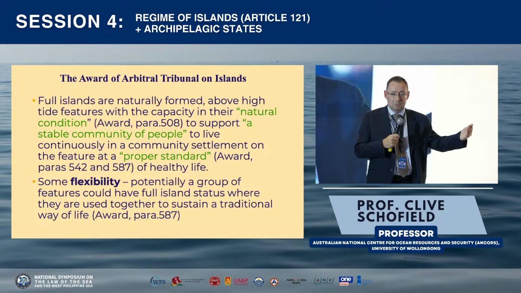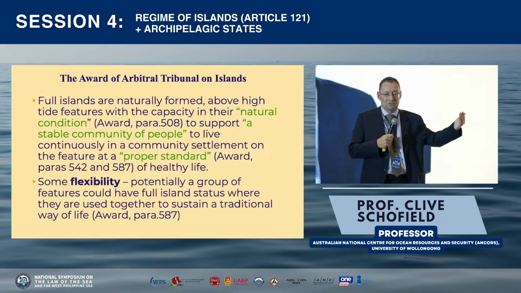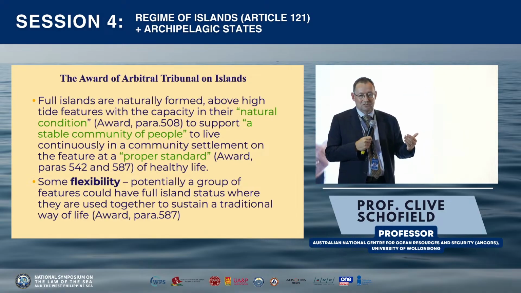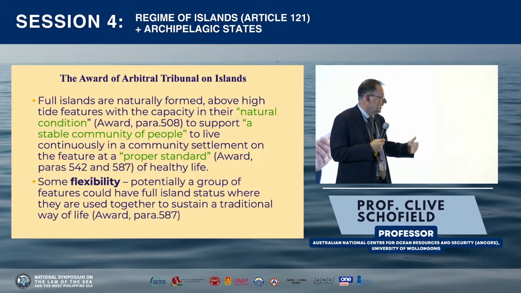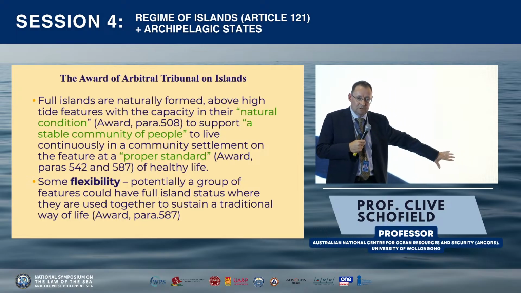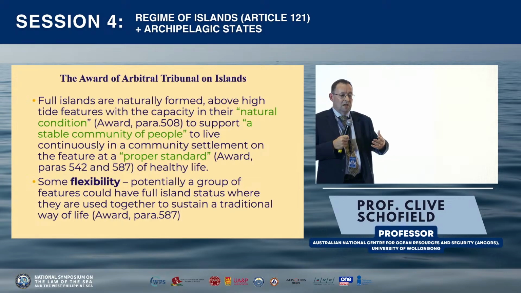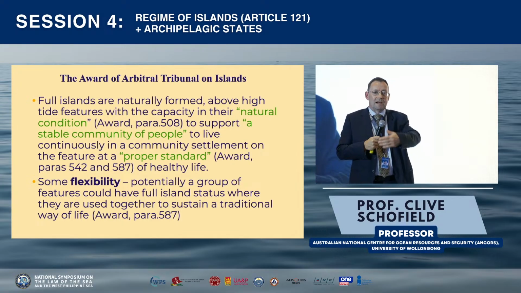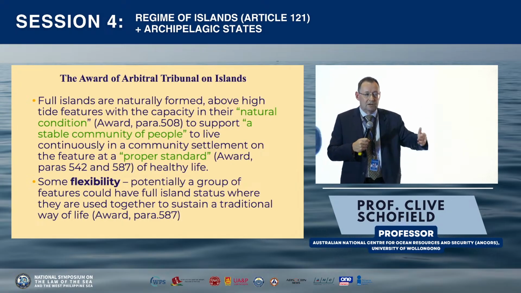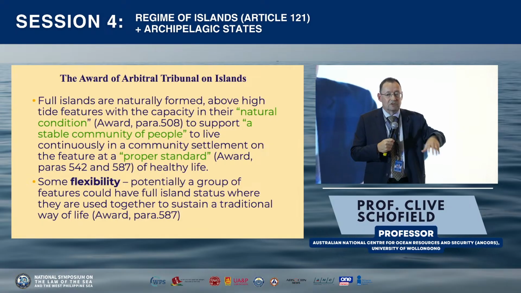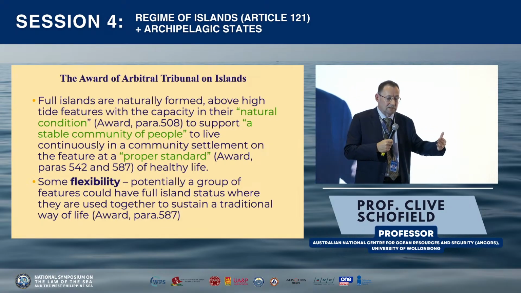And a stable community of people in the Arctic is not going to be the same size as a stable community of people in the tropics. There's a degree of flexibility built in, so the idea that a group of people could nomadically move among multiple islands, and those islands could, as a whole, be counted as fully entitled. Next, please.